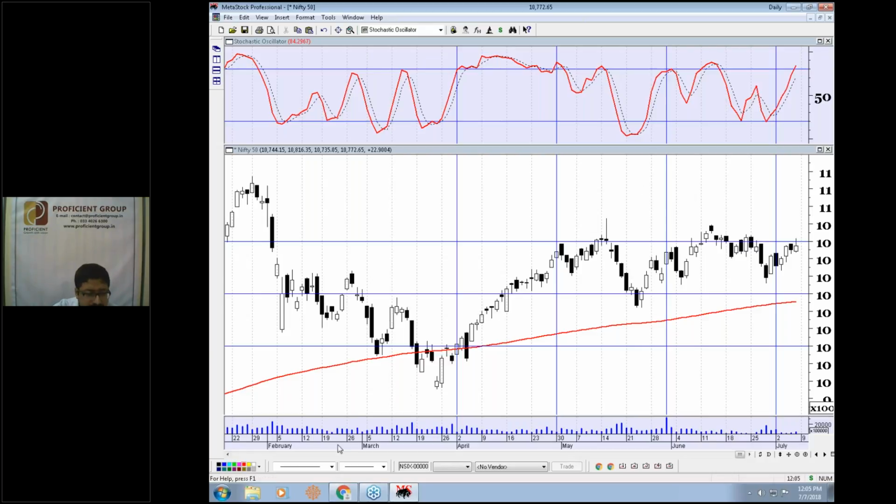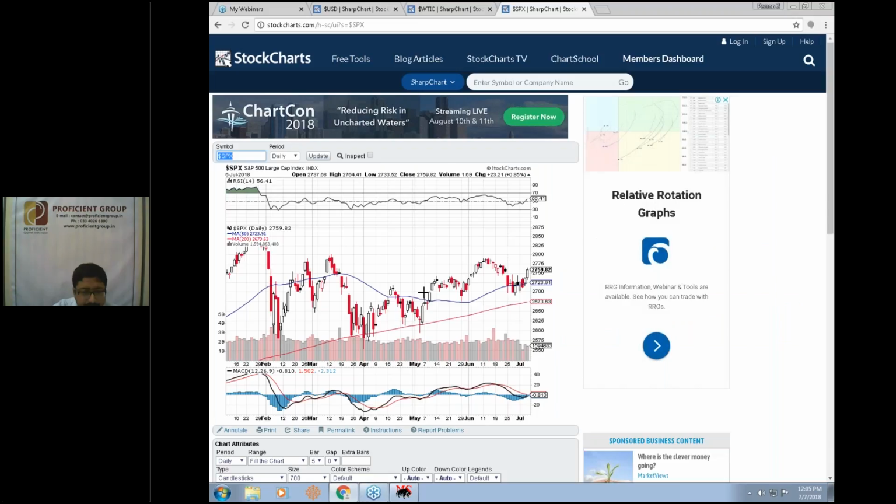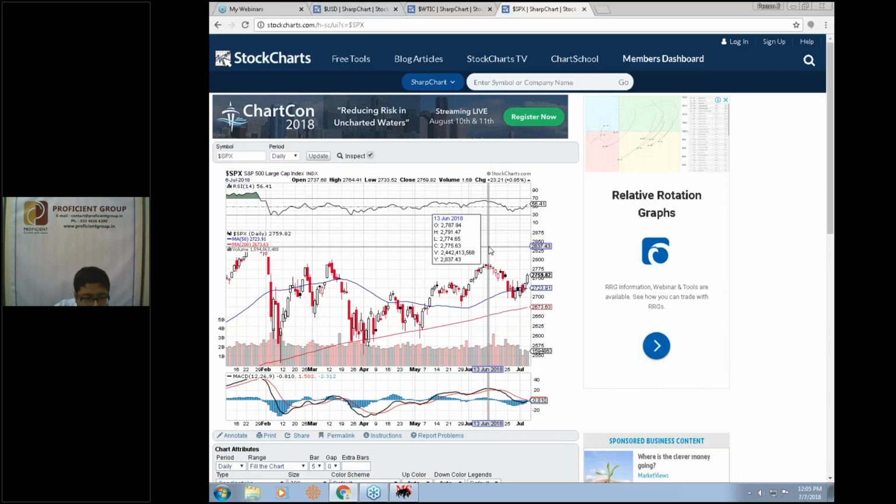In my opinion, these things will coincide with this region for S&P, which is 2760, right? Let me plot this. Yeah, 13th of June was the high made by S&P 500, and it was at around 2792 region.